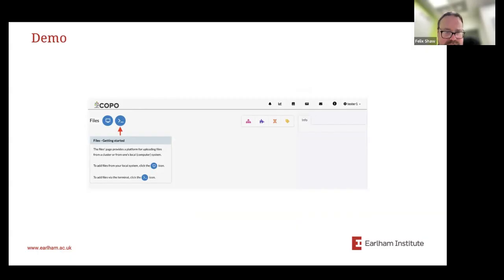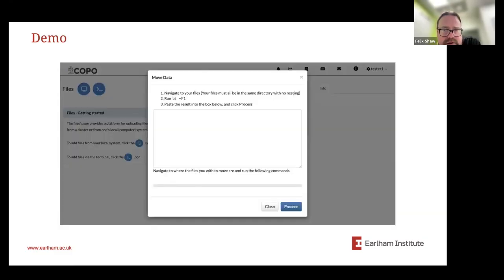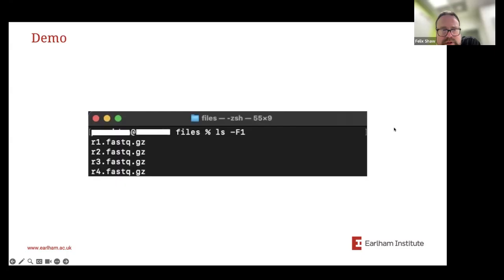So you would click on this icon here, and then we have this instruction. Navigate to your files, run an ls command, and paste the results into the box, and then click process. So we do that. So these are our files.